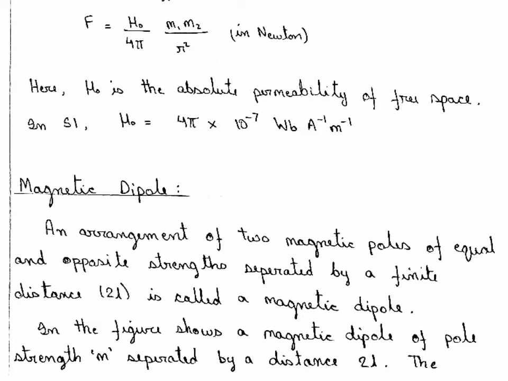Now in chapter 1, we have also learned about an electric dipole. So here in magnetism, there is another term called the magnetic dipole. This magnetic dipole is an arrangement of two magnetic poles of equal and opposite strengths separated by a finite distance 2L. And that is called a magnetic dipole.